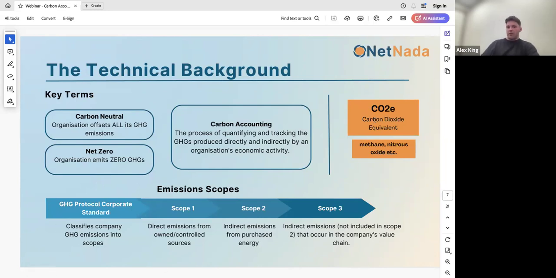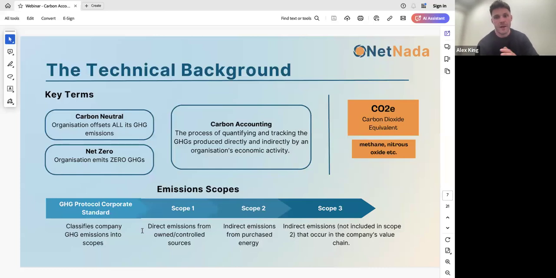The GHG protocol corporate standard. Anyone who's worked with NetNata has seen our communications, where we always talk about aligning with the GHG protocols. And the GHG protocols, if you remember, came out of the 1997 Kyoto protocols. This is essentially the Bible of how to calculate carbon emissions, and very, very rarely, in fact it's probably a red flag if you hear this, have all the carbon accounting solutions, the consultants, ourselves, created a new way of calculating carbon emissions.